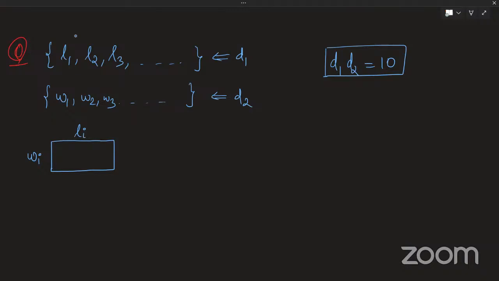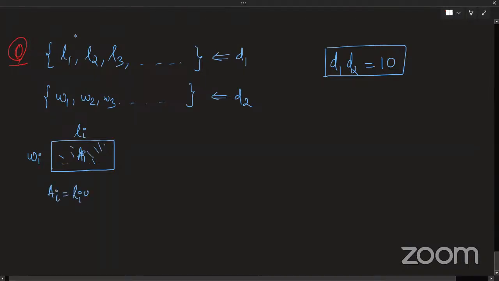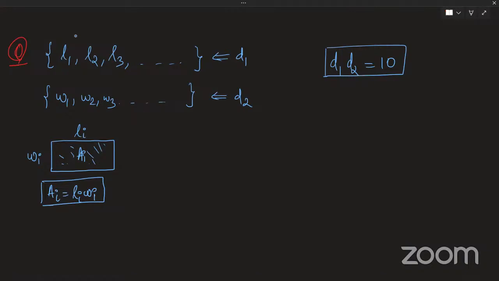If it is 2, it is L2 and W2. The area of this rectangle is Ai, so Ai is equal to Li into Wi. I is basically any natural number: 1, 2, 3, 4, 100, 1000, anything. Fine?